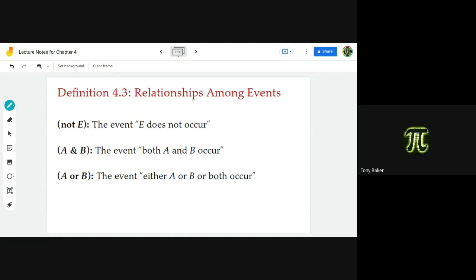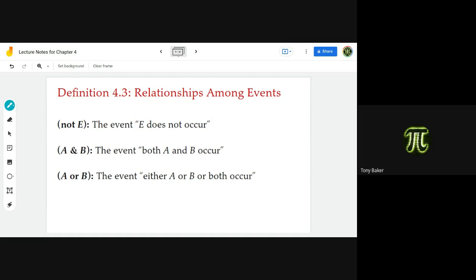Not whatever the event is means the event didn't occur. So, for example, if my event is the hearts, so I pull all the hearts, that's my event. If I said not that event, what would my event be? What is the opposite of me pulling all the hearts? What would I actually have in my hand if I did not pull the hearts?